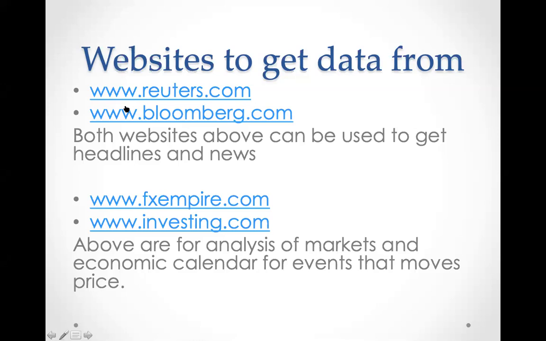If you use IG, under news for different markets, you would see at the bottom where the news is coming from, and it is most likely Reuters or Bloomberg. So Reuters and Bloomberg are good for seeing the latest headlines and news regarding different assets and instruments in the market.